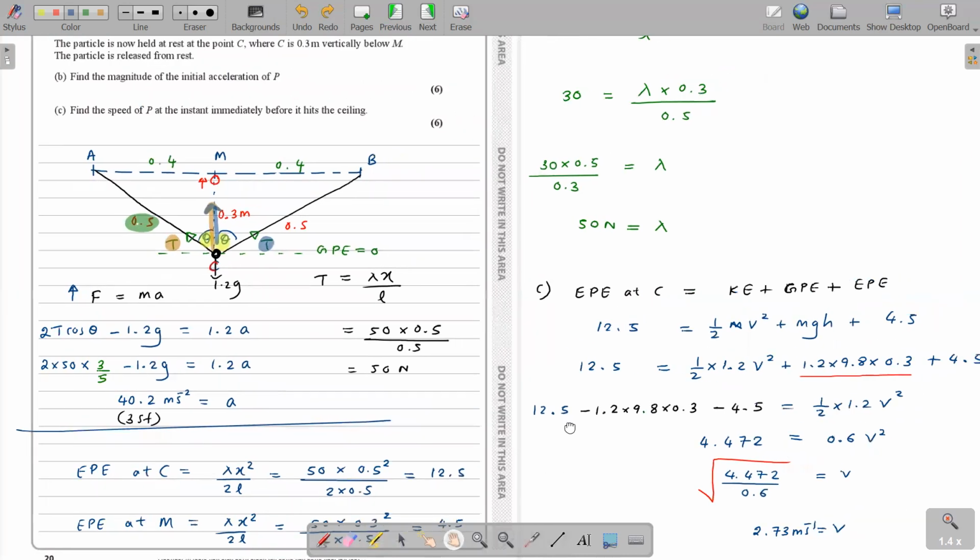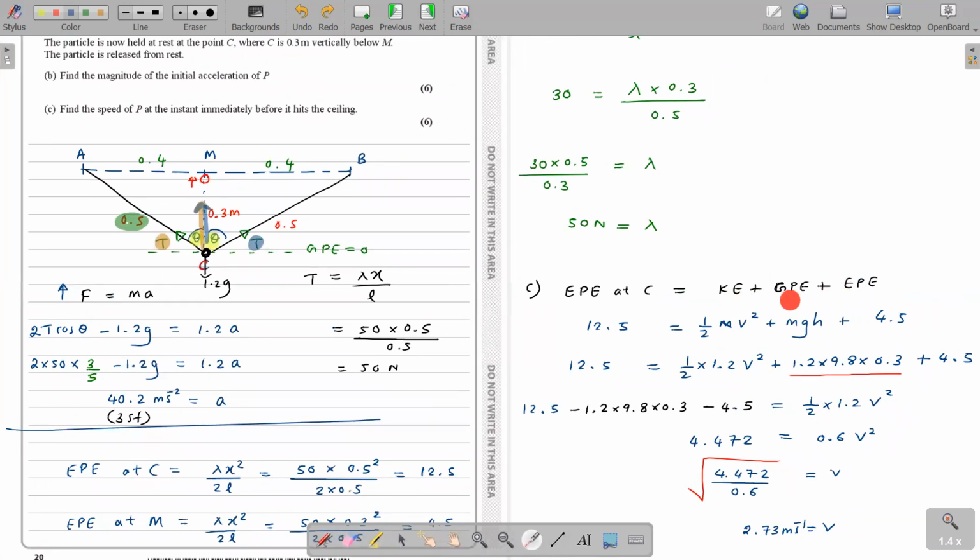So this is equal to the energies you have at M, because energy is conserved. At point M, the particle hits the ceiling, which means it has some kinetic energy. Also at M you are above the lowest level, which means you have some potential energy. And even though you are at M, the string is still stretched.